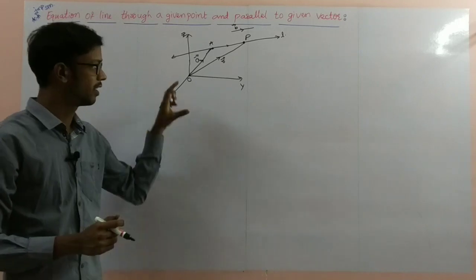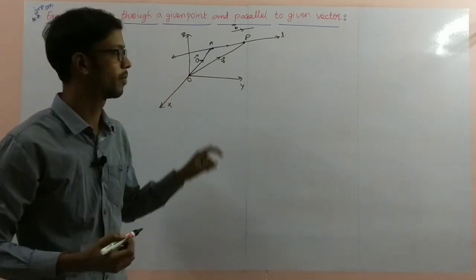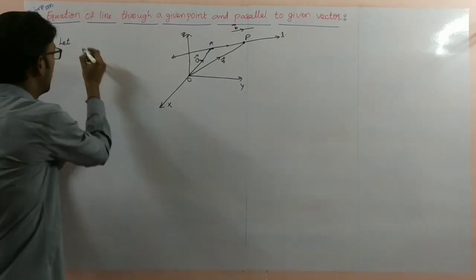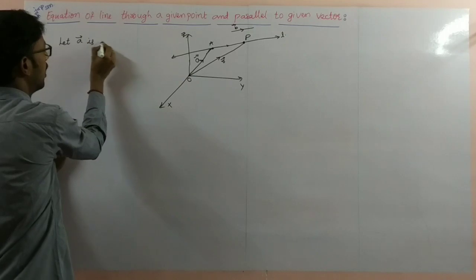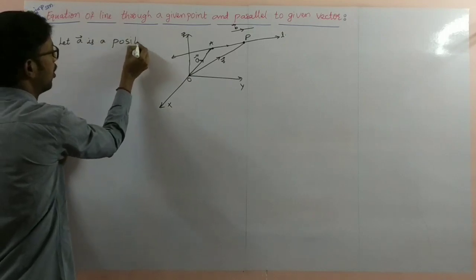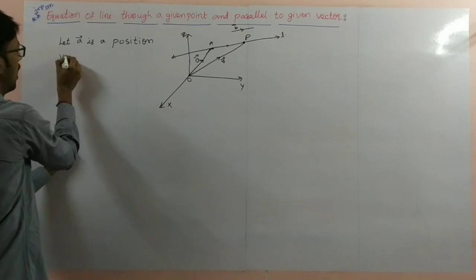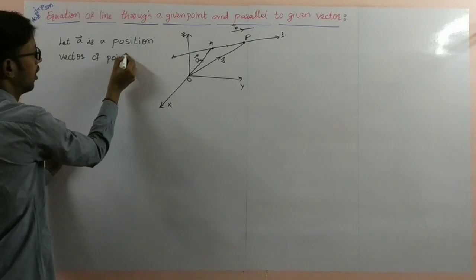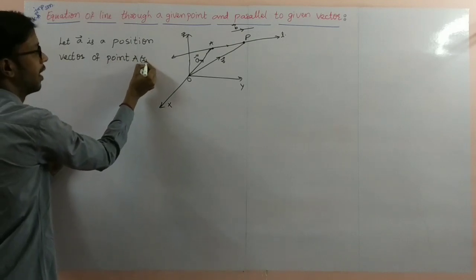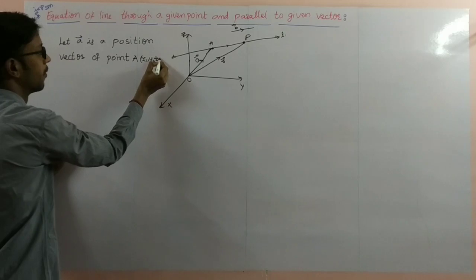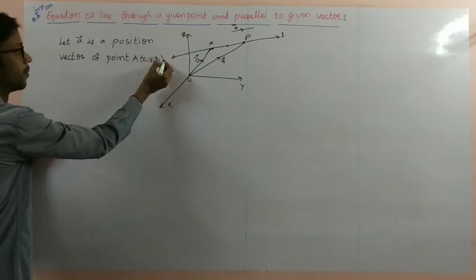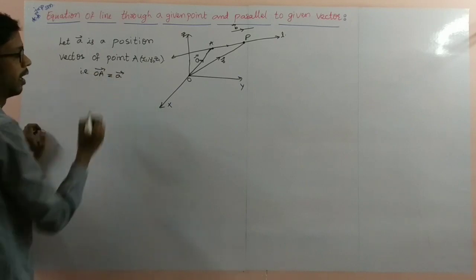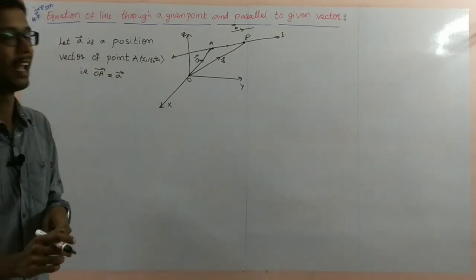Now let us write this diagram in words. Let A bar be the position vector of point A, taken as x1, y1, z1. That is, OA bar equals A bar.